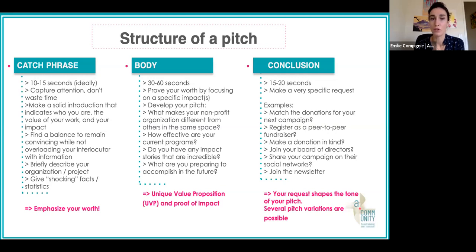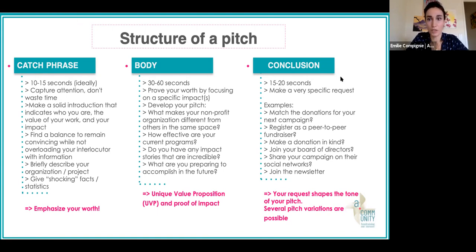So develop your pitch thinking about what makes your nonprofit organization different from the others. How effective are you? Do you have any incredible impact stories? Or if you're new, what are you preparing to accomplish in the future? This is really the part where you need to prove your impact, or how you're going to have an impact if you're quite a new organization.